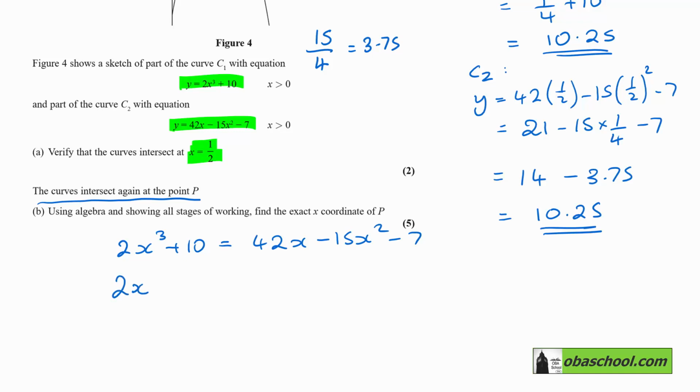Bringing everything to the left, we have 2x cubed plus 15x squared minus 42x plus 17 is equal to 0.